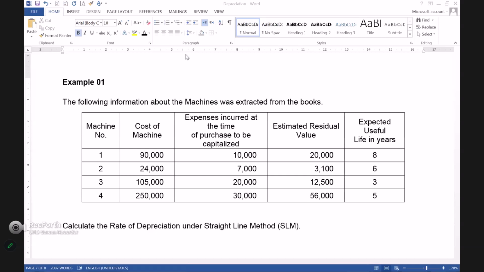What about the answer? Did you find it? Please check and send your answer on your video. What about the answer, MS55? The first answer, for machinery one depreciation.